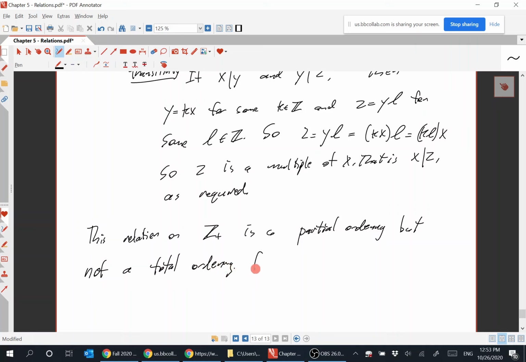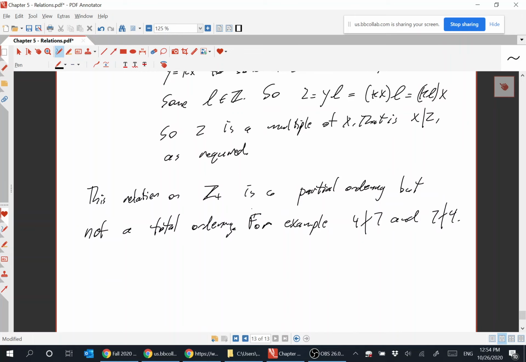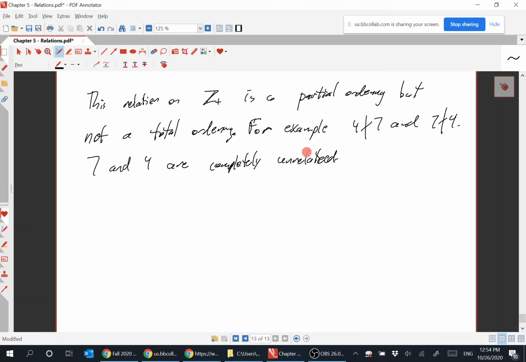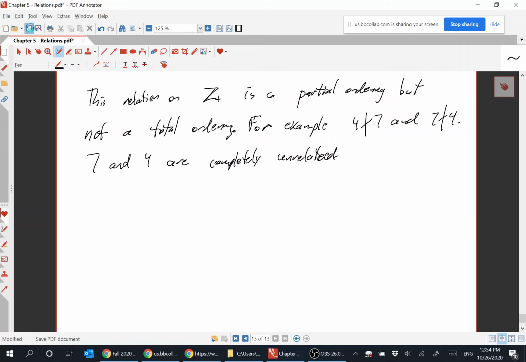For example, not every pair of positive integers is related at all, right? 4 does not divide 7, and 7 does not divide 4. 7 and 4 are completely unrelated. Another example of a partial order.